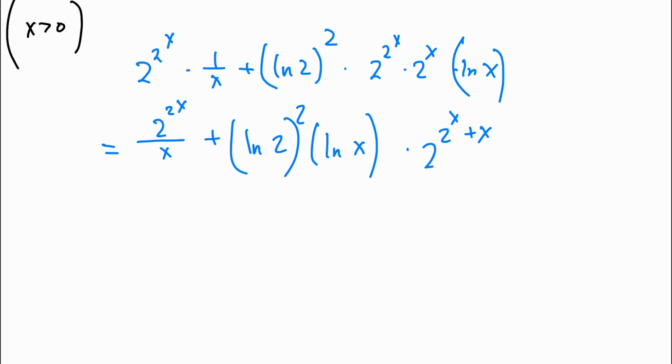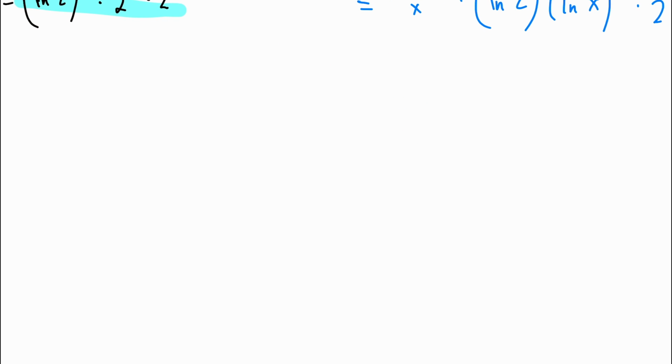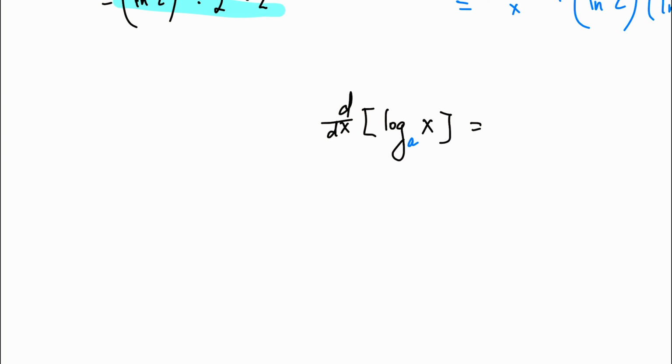So now let's take a look at logarithm differentiation. We want to find the derivative with respect to x of this log with a random base a of x. So we know that the derivative with respect to x of e to the x is just e to the x.